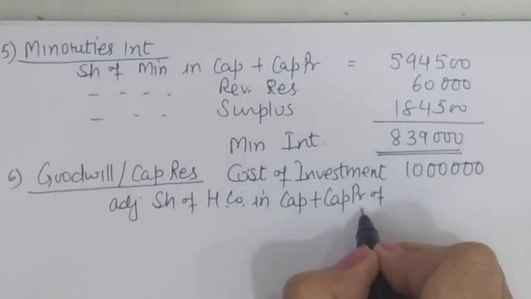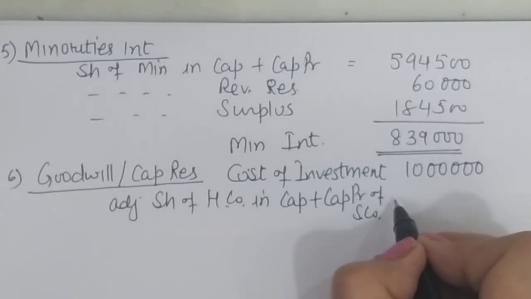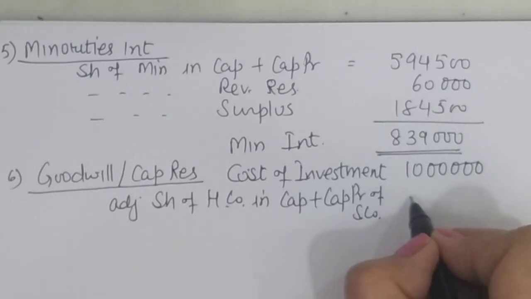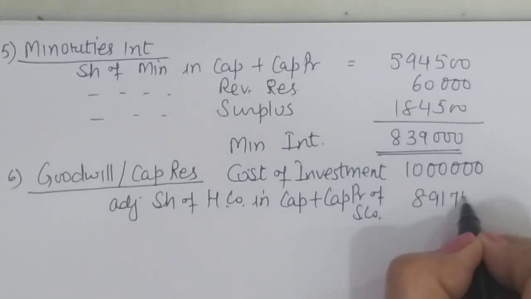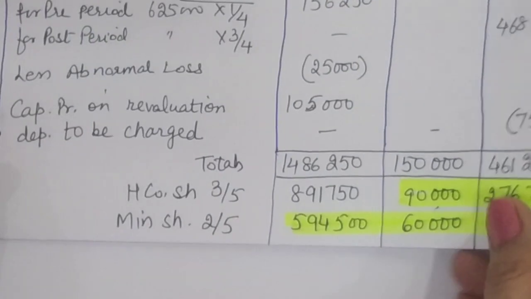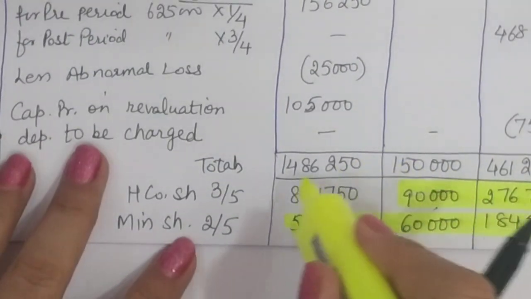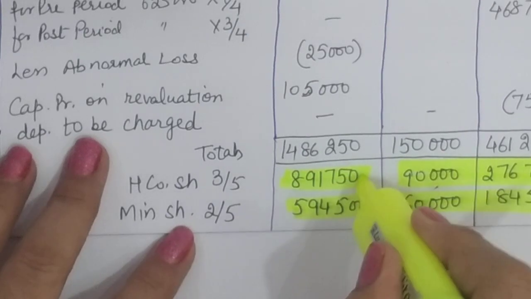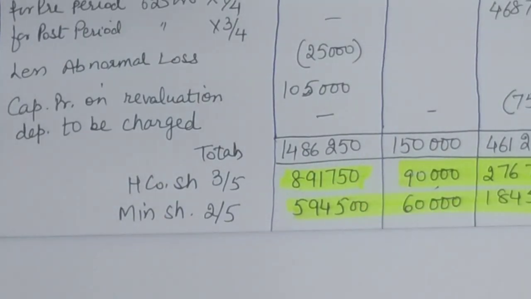That is the worth that you have got from the company, and the amount that we calculated was 8,91,750. Consider this statement: holding company's share in the capital and all the profits, 8,91,750. So this will be adjusted here.